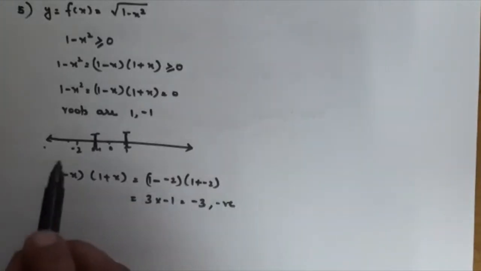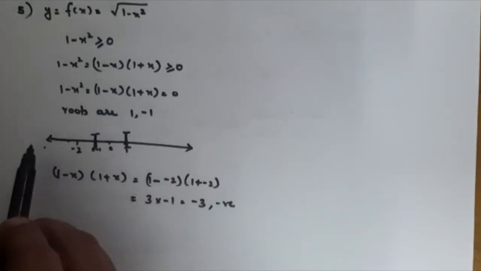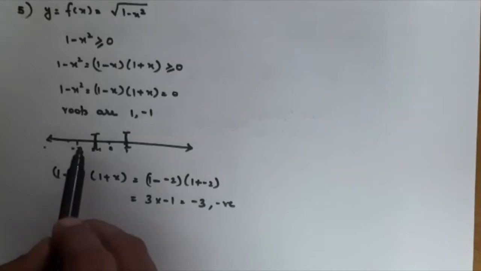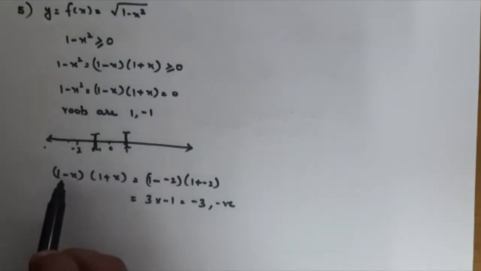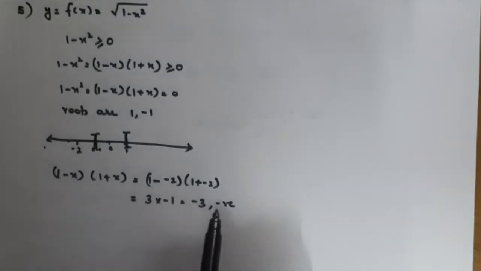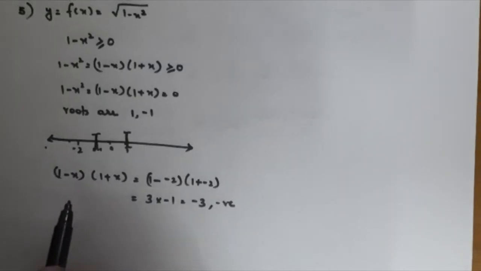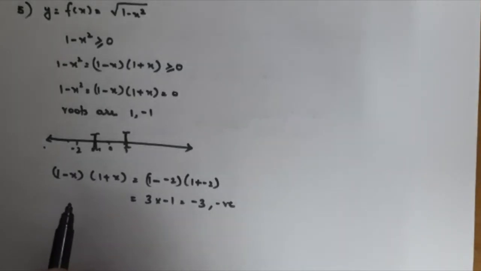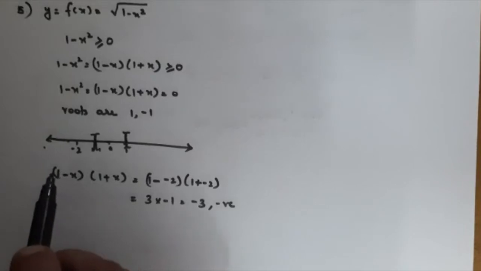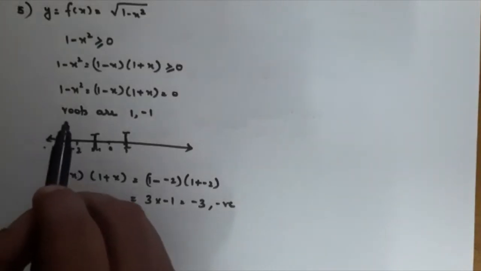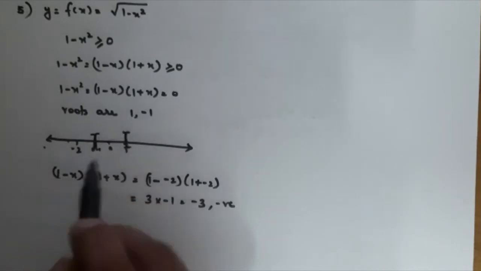This means if you take a value from the first part from minus infinity to minus 1, this expression 1 minus x into 1 plus x becomes negative. That means if you take a value from the first part for x, that x won't satisfy this inequality 1 minus x into 1 plus x greater than or equal to 0.